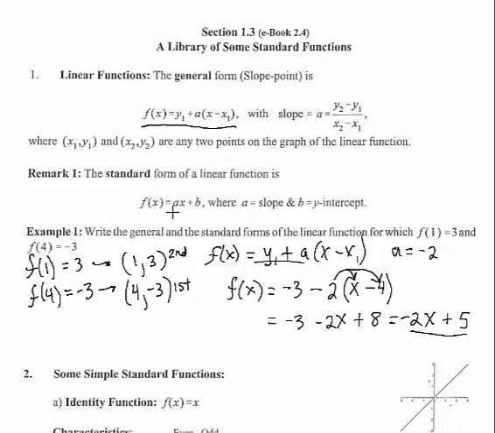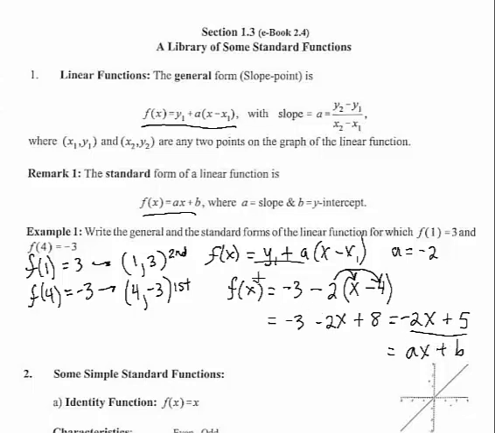If you compare it to this formula, then we have ax plus b, where a is my slope that I calculated, negative 2, and b is plus 5. And so that means that this line will cross the y-axis at y equal 5.